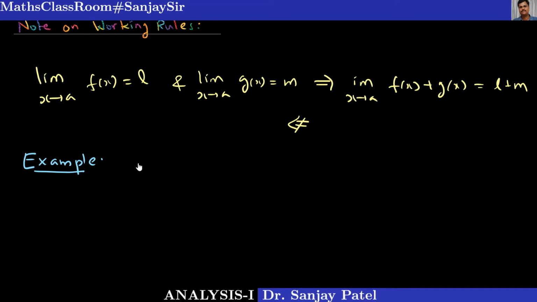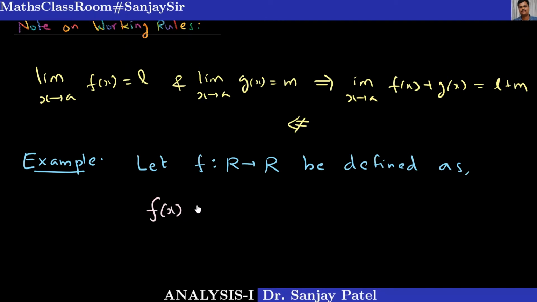So let me consider this function f from R to R defined as f x is equal to 1 if x is a rational number, means if x belongs to Q, and equal to minus 1 if x is not a rational number, means x is an irrational number.